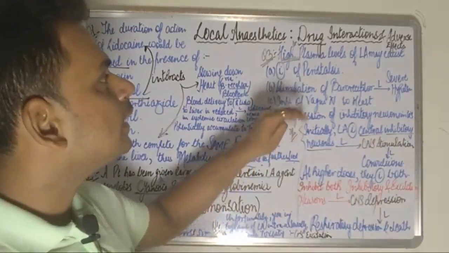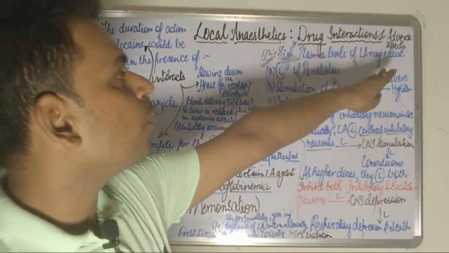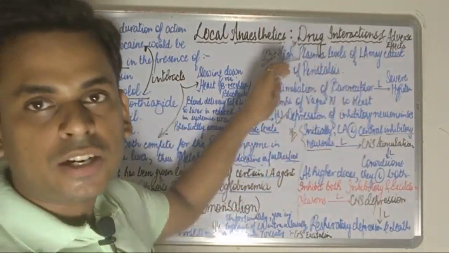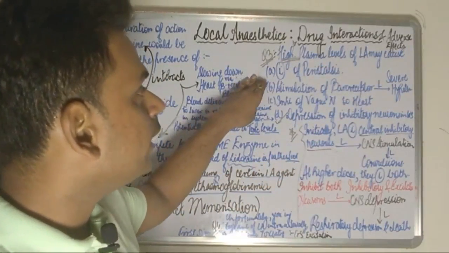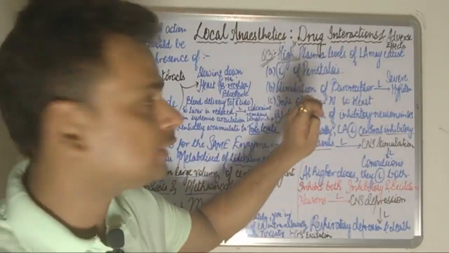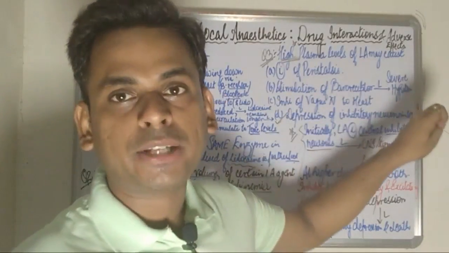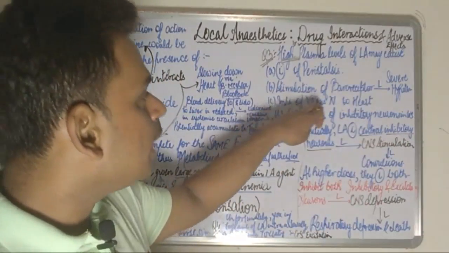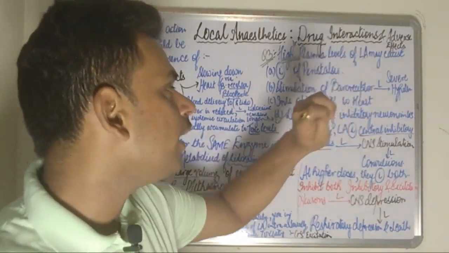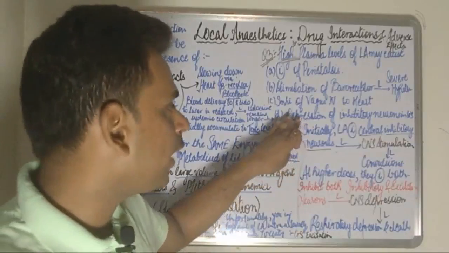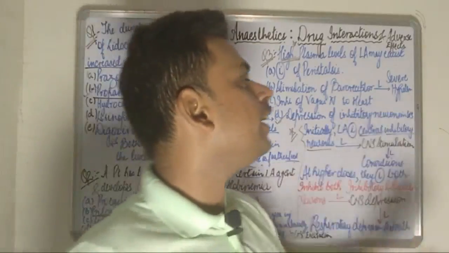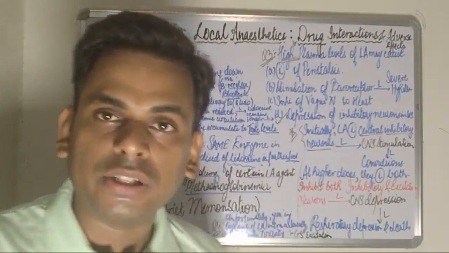The question says: high plasma levels of a local anesthetic cause? The first option is inhibition of peristalsis. Next, stimulation of the baroreceptors leading to severe hypotension. Third, inhibition of the vagus nerve to the heart. And the fourth option is depression of the inhibitory neurons in the central nervous system.